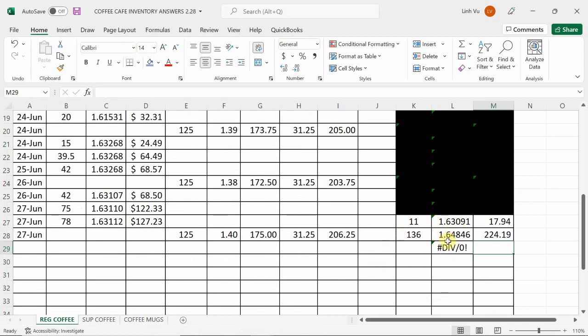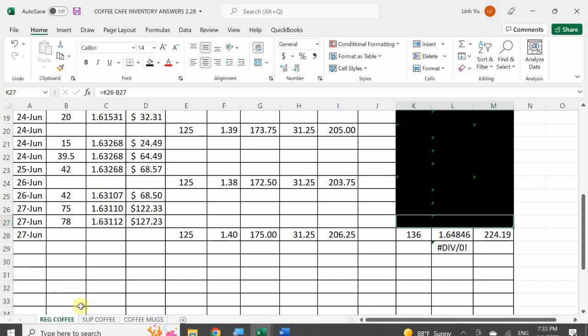So that means when I recalculated my formula, it has now increased by 1 cent. Okay. So let's go ahead and enter in my Supreme coffee.